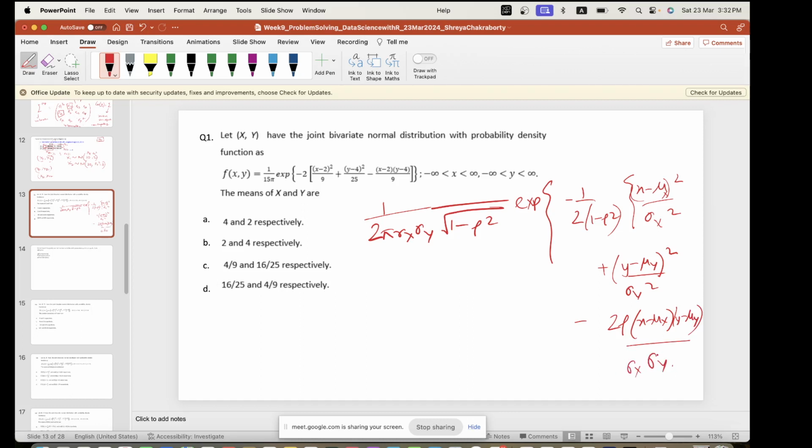So from here we can readily observe that in the denominators nowhere mu is appearing, only sigma x and sigma y are appearing. Mu x is appearing only in the numerators, and it is matching with the format that is being provided. So from here we can easily find out mu x is 2 and mu y is 4.